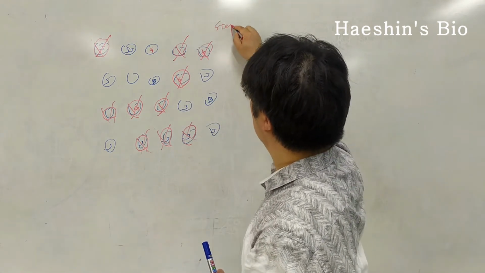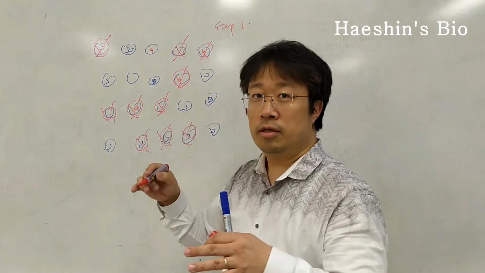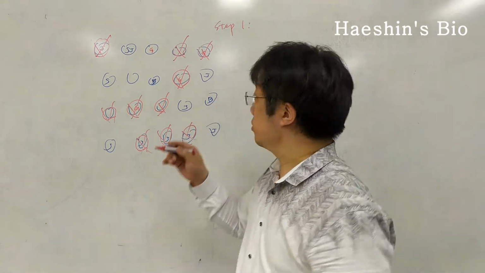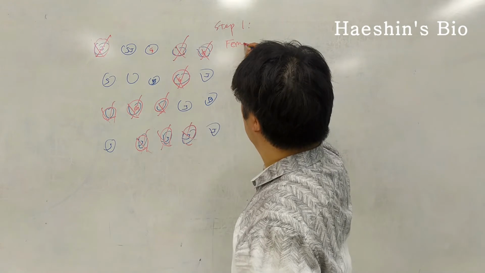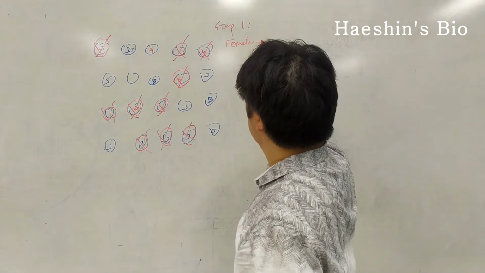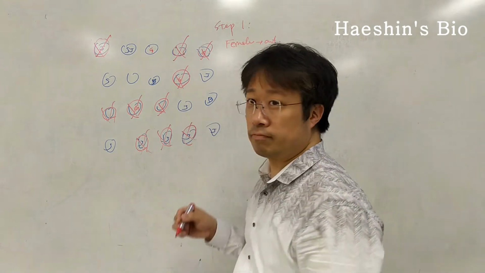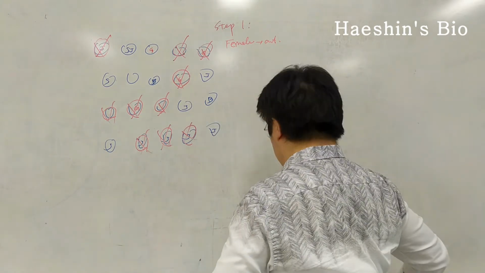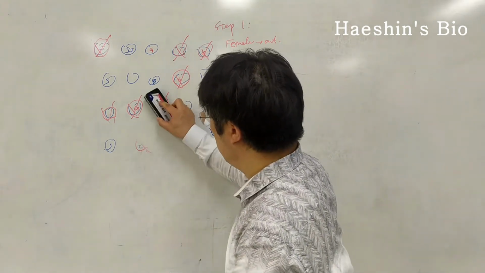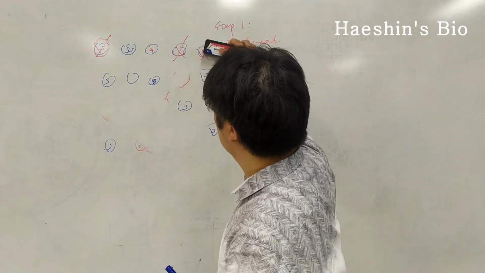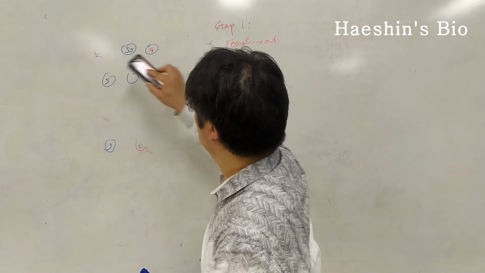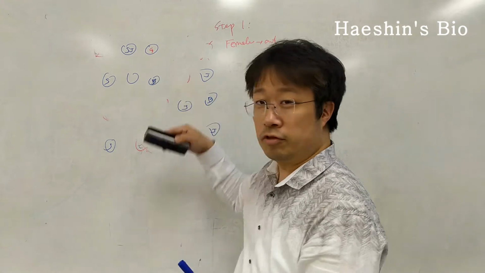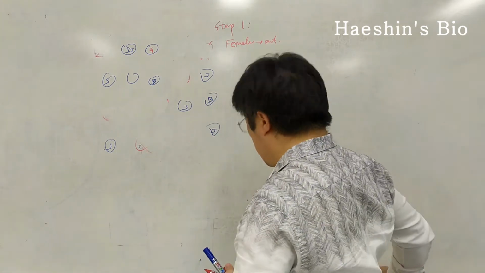Step one: the females are taken out. So I did step one, and all those students are now clearly removed from this list, and the rest are left over.